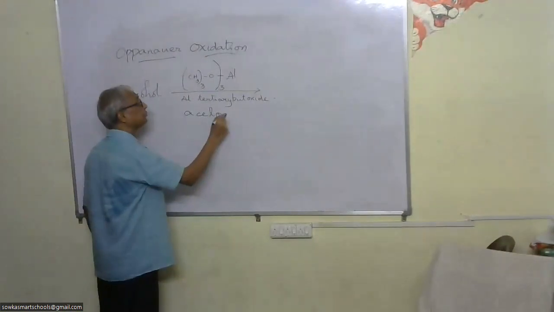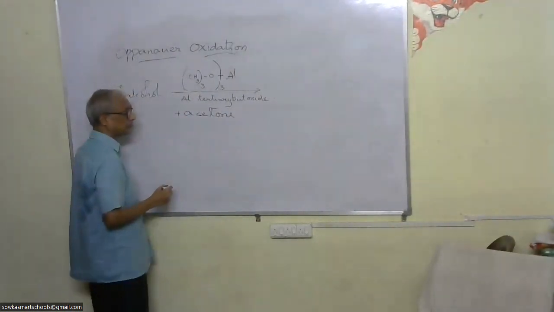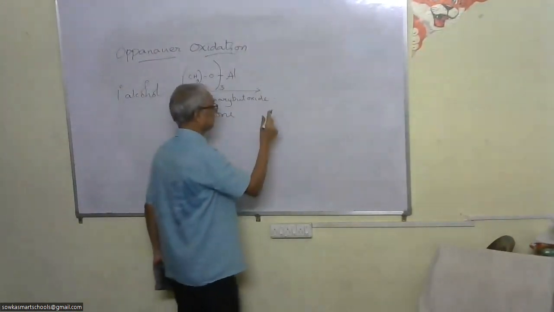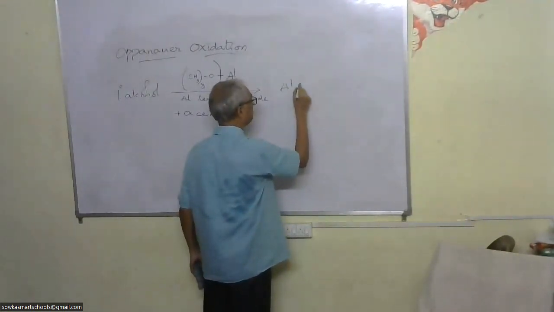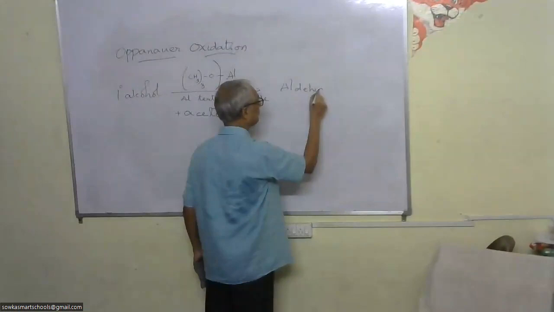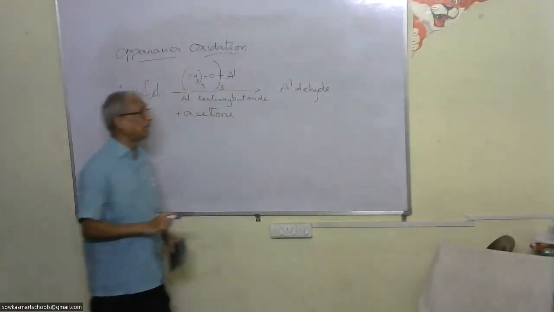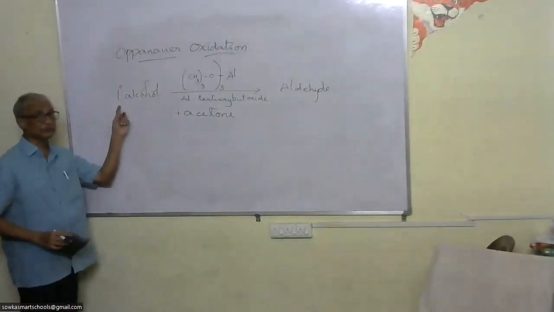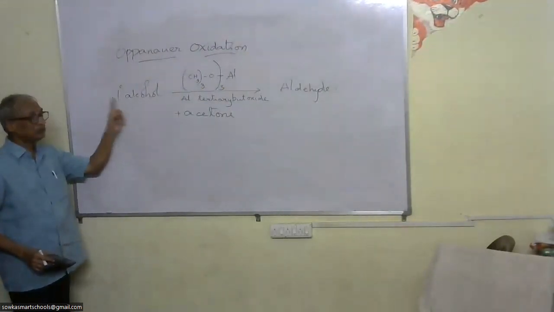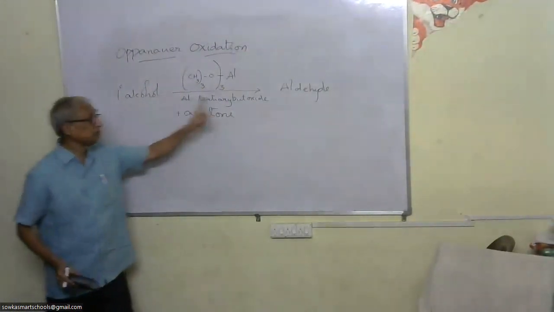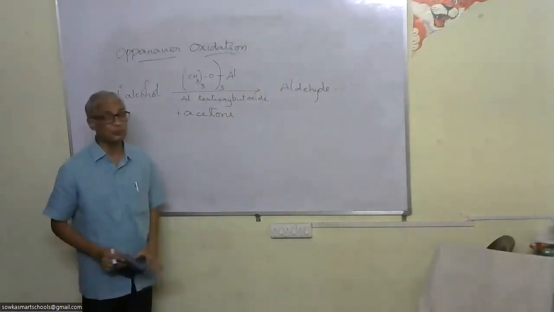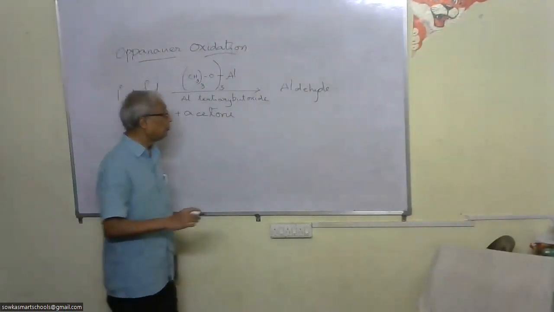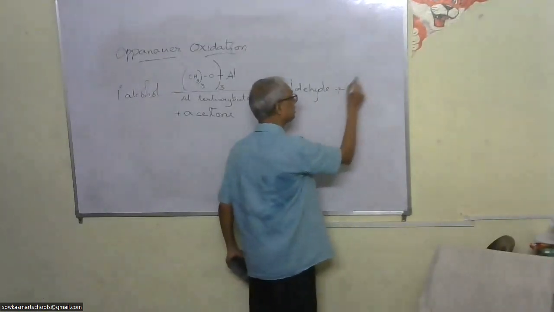Acetone is also to be used. Then we get aldehyde, the corresponding aldehyde. Corresponding aldehyde means the number of carbons present in this alcohol is the same as the number of carbons present in that aldehyde. That is the meaning of corresponding aldehyde. Plus we get isopropanol.